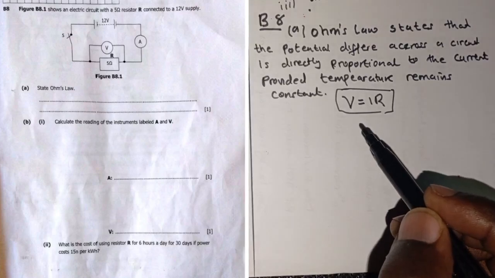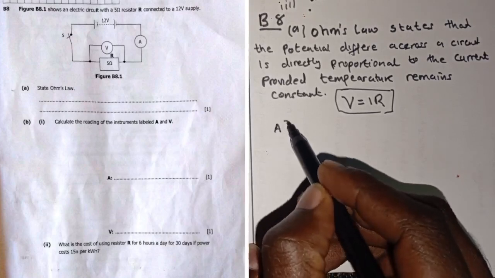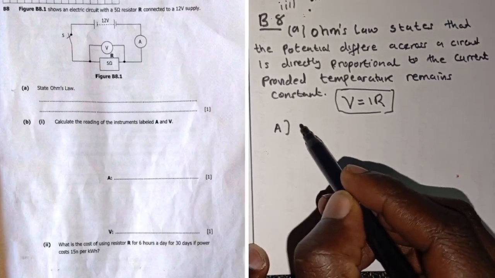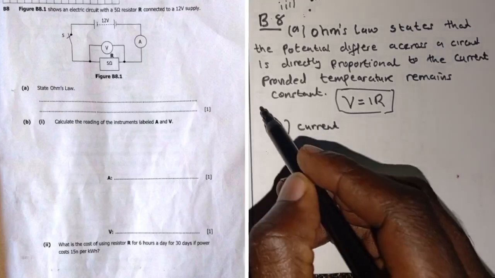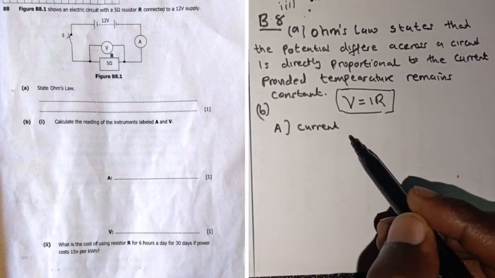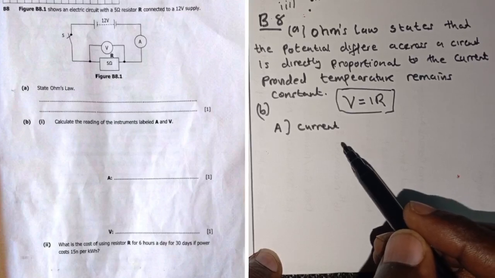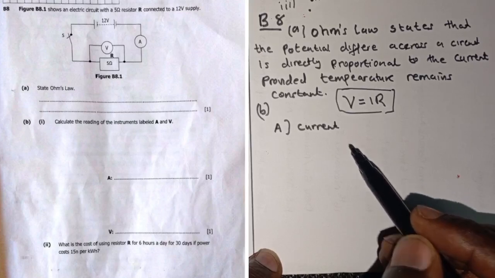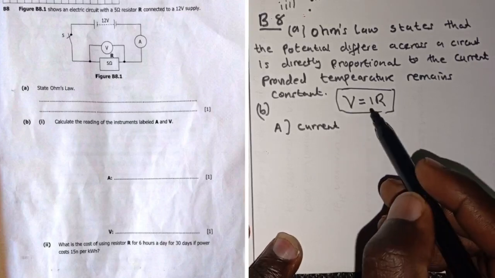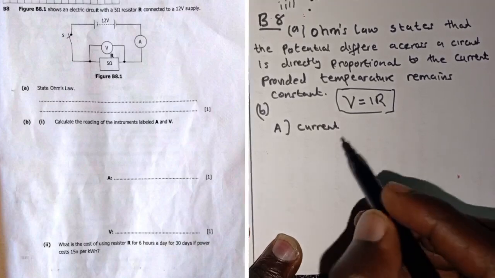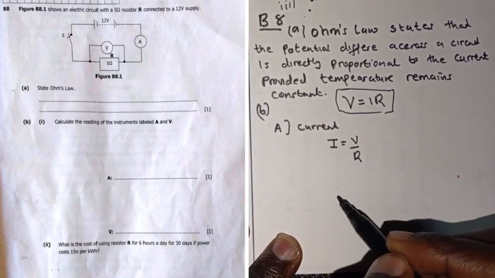Calculate the reading of the instruments labeled A and V. A is used to measure the current, that's an ammeter. So what is the reading there on the current? From this formula of Ohm's law, when you make I the subject of the formula, current equals voltage over resistance.